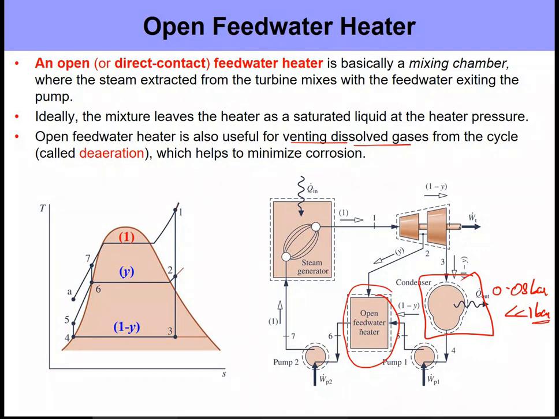How do we do that? Well, the open feed water heater pressure is much higher. At the exit of the open feed water heater, we are reaching a saturated liquid state, so the liquid will be at the bottom. Everything else that remains, all the vapors, we just throw out from the top. So that is one way of doing it.